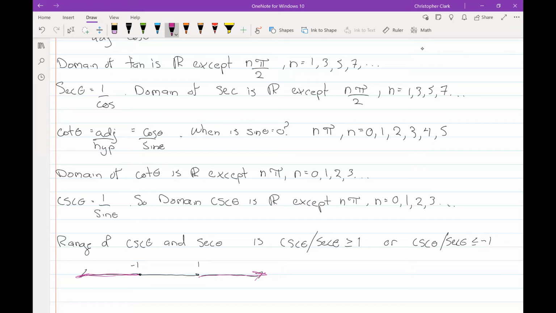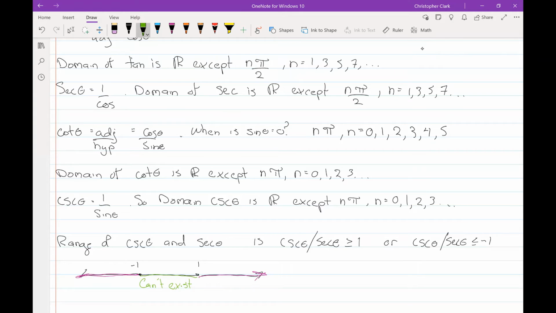But because of the way that they're defined as 1 over something that is varying between 0 and 1 or 0 and -1, you actually can't exist here. And that gives us the range of cosecant and secant.